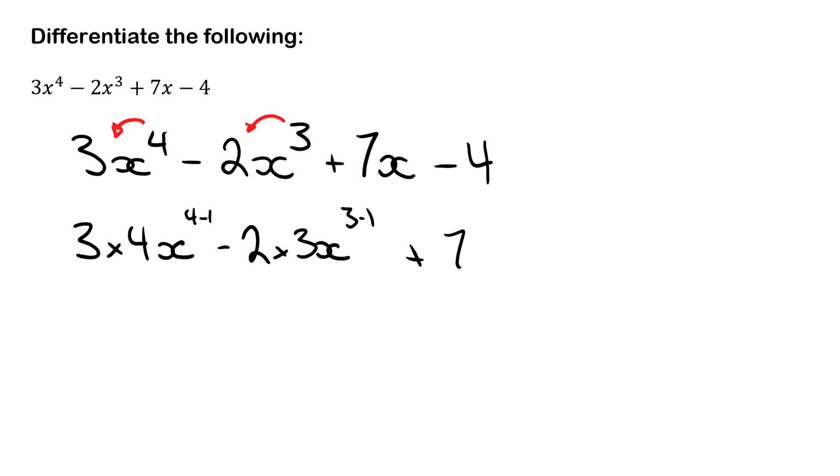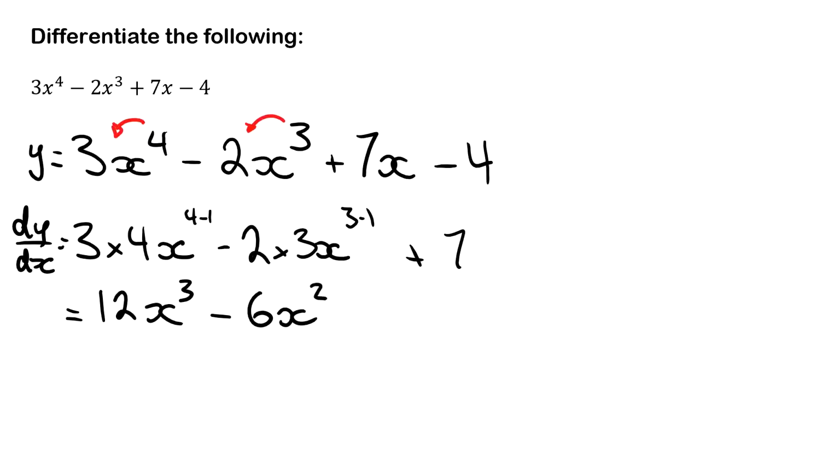And the minus 4, because it doesn't have an x value, it disappears as well. So we're left with dy/dx, and y equals. So 3 times 4 is 12, so 12x to the power of 3, take away 6x to the power of 2 plus 7.